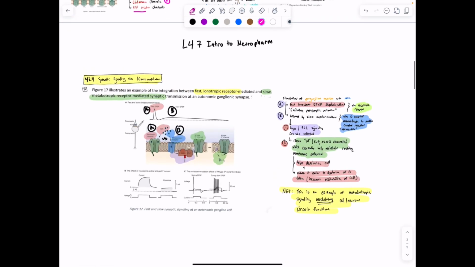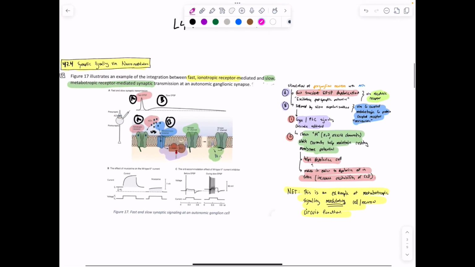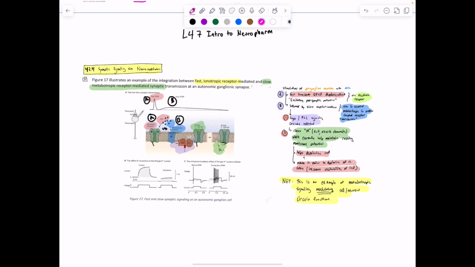So we're almost done with this particular lecture, but neuromodulators, just a tiny bit more. An example of ionotropic receptors causing a fast depolarization: think acetylcholine causing fast depolarization on a nicotinic channel.